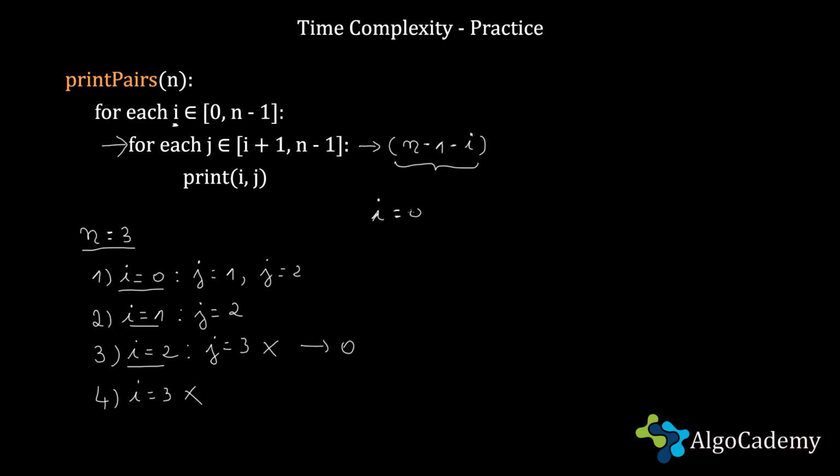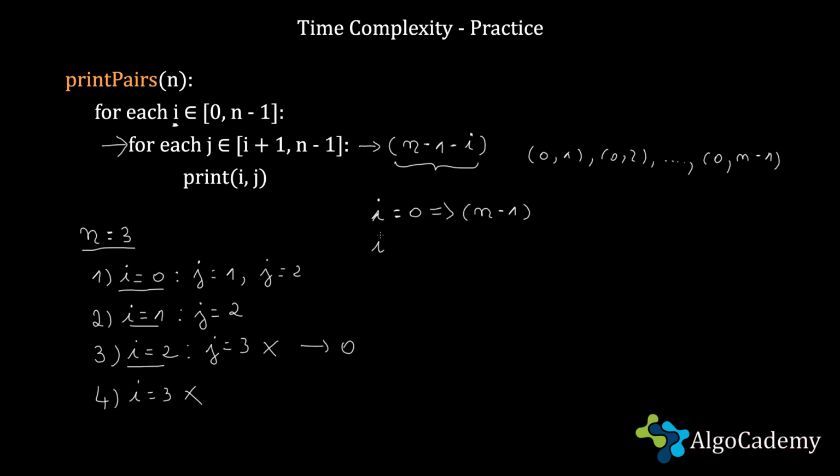When I equals 0, the number of operations that I do is n minus 1 minus I, right? So I make a total of n minus 1 iterations in this second for loop, right? Those n minus 1 iterations are, of course, for each and every pair, like 0, 1, 0, 2, and so on and so forth until we hit, of course, 0, n minus 1, right? Makes sense? So this is where we get these n minus 1 operations, right?